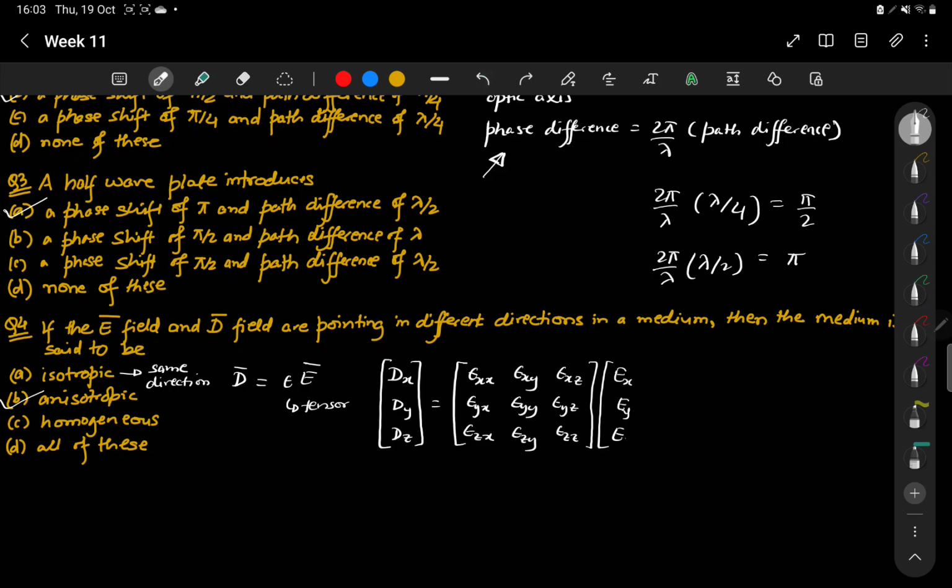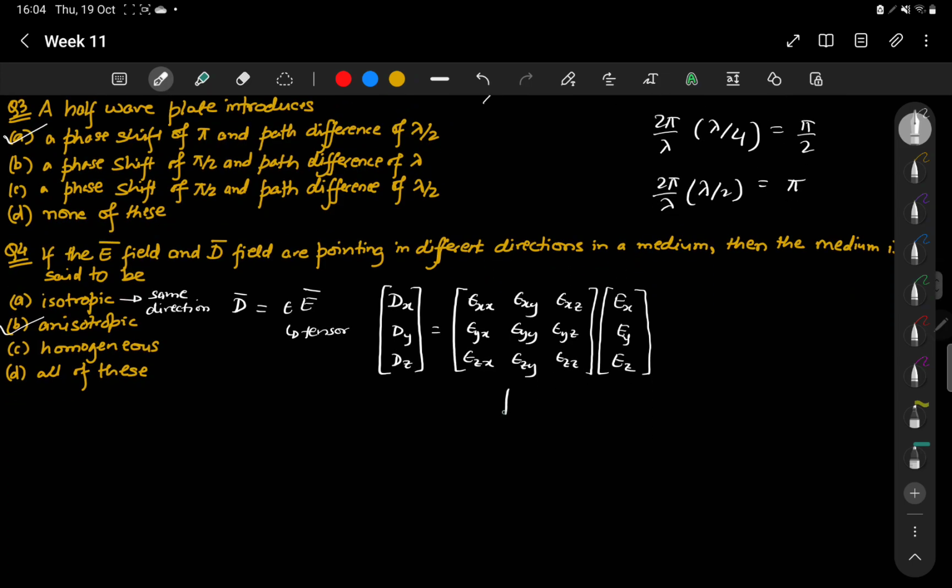Ex is the electric field vector in the x direction, Ey is in the y direction, and Ez is the electric field component in the z direction. Similarly, Dx is the electric displacement vector component along the x direction, Dy the component along y direction, and Dz the component along z direction. And this is how they are related by this matrix for epsilon.